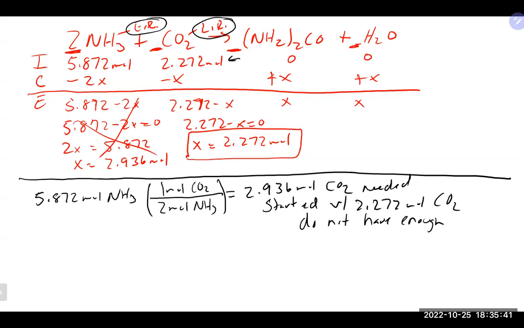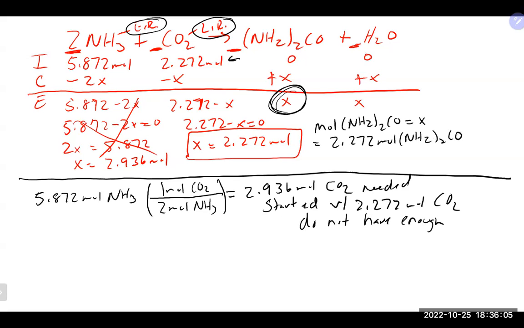All right, so we're going to go right into here, which is what we're looking for to get our theoretical yield. And we see that the moles of NH2 2CO equals X, which means it equals 2.272 moles of NH2 2CO.